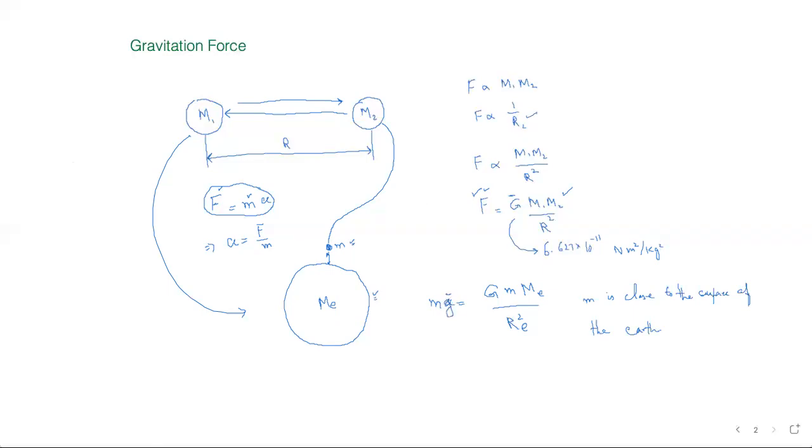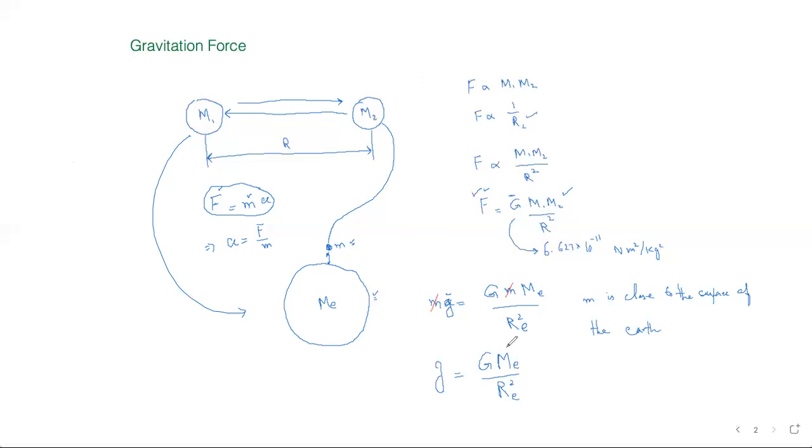And in this equation you can see this small m and this small m cancel with each other. We are left with g equal to capital G, the gravitational universal constant, times the mass of earth divided by the radius of earth squared.